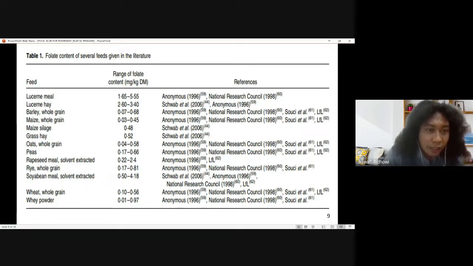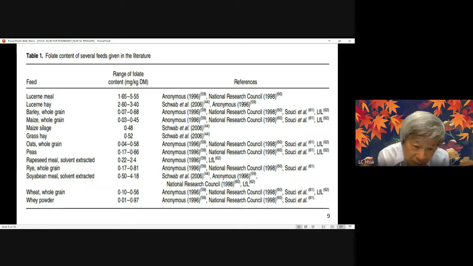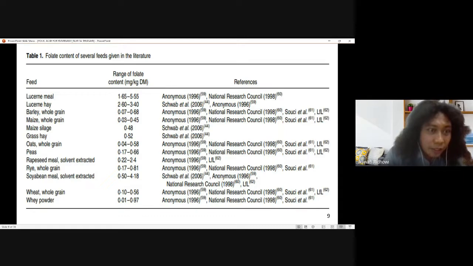Maybe I was wrong, try to understand this table. If we look at this table, seems like the range of the folate content from the hay seems like the highest rather than from the grain.